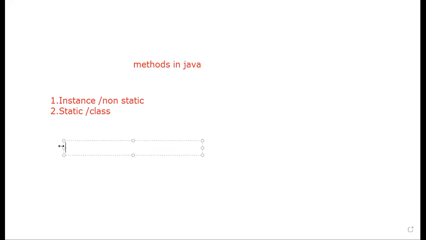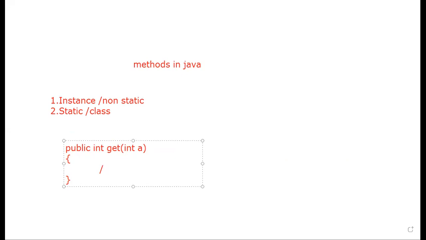Access modifier public, return type int, method name get, parameters int a, and method body. Okay, see, this method is a non-static method. It is the instance method.